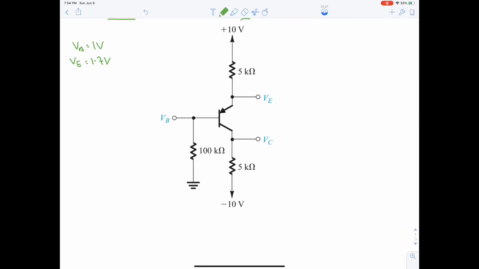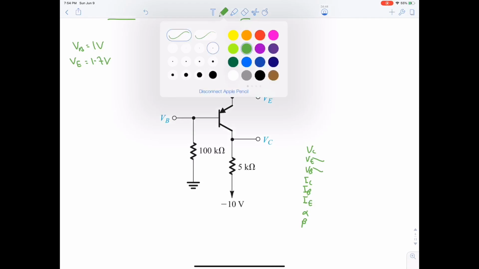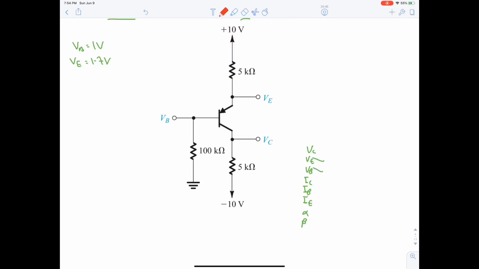So they are looking for, let's write them down, VC, VE, VB, IC, IB, IE with the alpha and beta. Okay, VB and VE are given. We have to find the rest. Anyhow, so the first step is to determine the type. So this is PNP, as the arrow is entering the transistor.